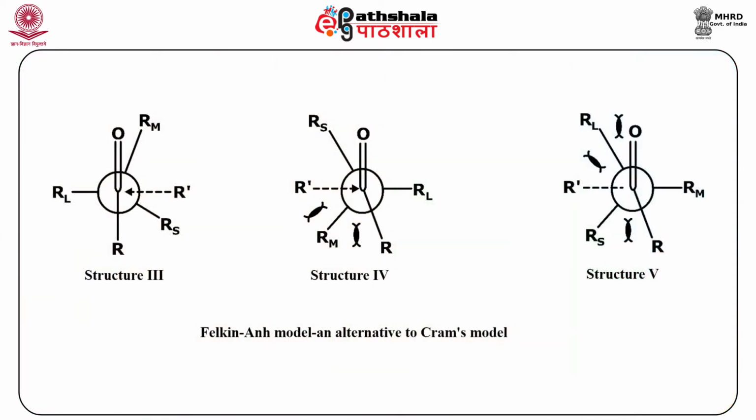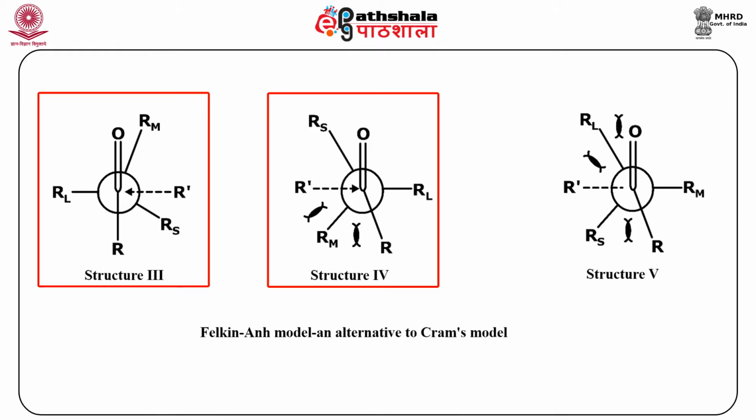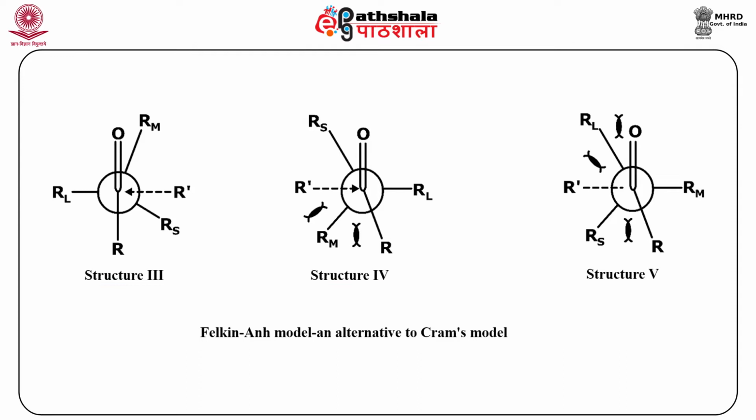From mechanistic considerations, a few alternative models have been suggested, of which the Felkin model in the year 1980 has gained consensus. In this model, two reactive conformations, as shown in structures 3 and 4 in figure 6, have been considered, in which either the largest RL or the most electron withdrawing group, which provides the greatest sigma star–pi star overlap with the carbonyl pi star orbital at C alpha, is placed at right angle to the carbonyl double bond.